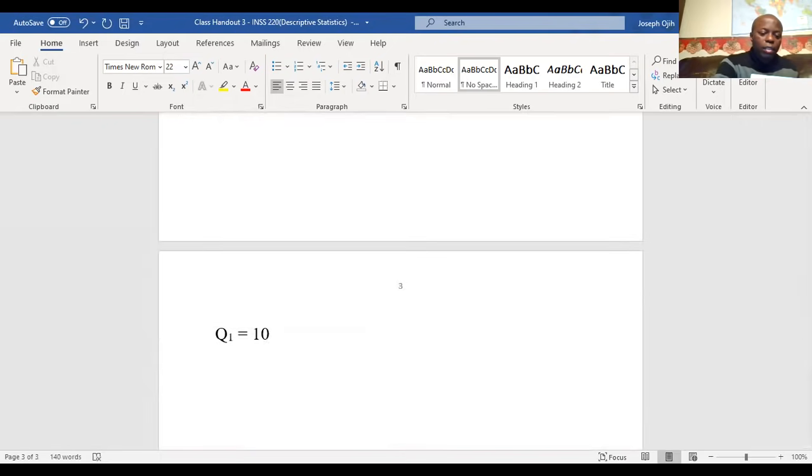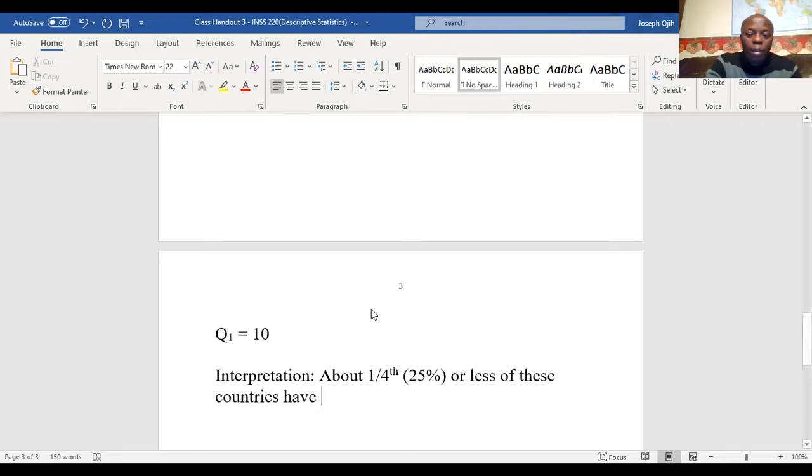Let me write it down. Interpretation. About 25%, about 1/4, or 25% of these countries have 10 or less nuclear power plants.